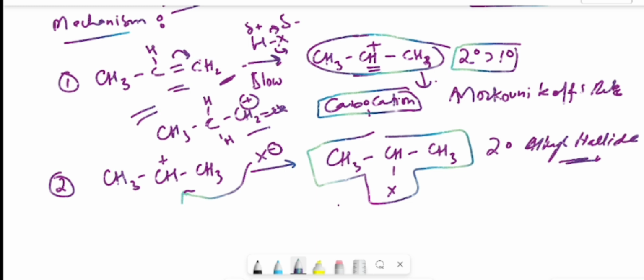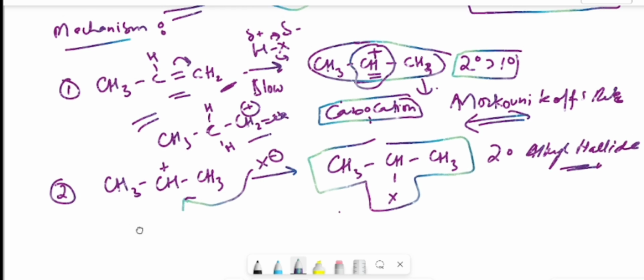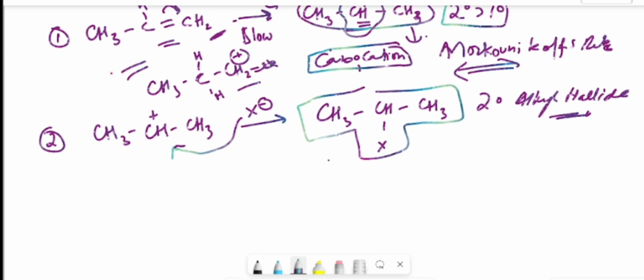And it is said that the bond will break towards that carbon which later makes the carbocation that is more stable, as we have seen in this reaction. So Markovnikov's rule, you can see it by yourself also, from which side the carbocation is being stabilized. It is a favorable path for that reaction. So this is the overall reaction where the alkene is being converted into alkyl halide.